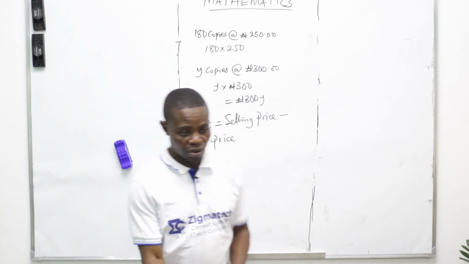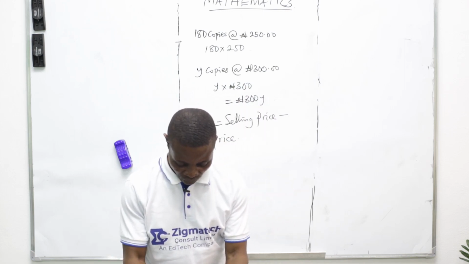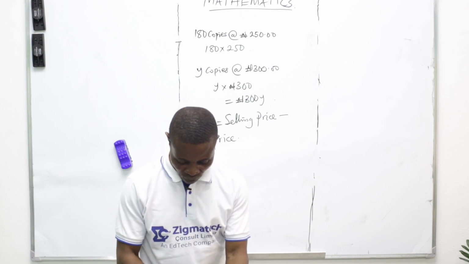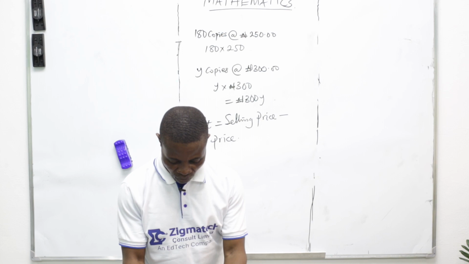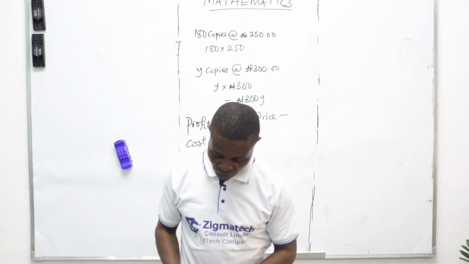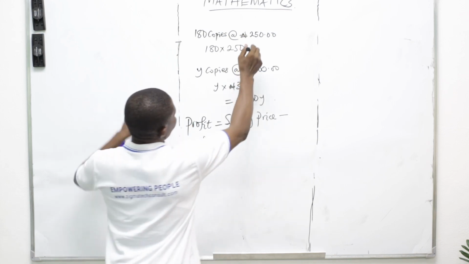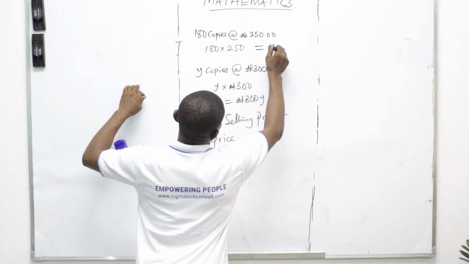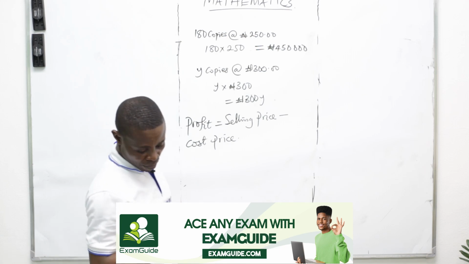Now let's punch our calculator to get 180 multiplied by 250, that's 450,000. Okay, this one is giving us 450,000.